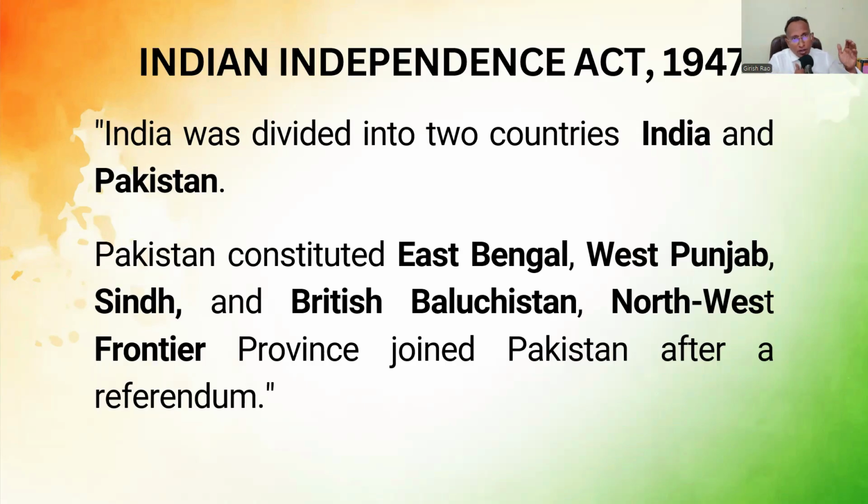Some part went into Pakistan, which was basically divided on a religious basis. Pakistan, with its Muslim majority, was constituted of East Bengal, West Punjab, Sindh, British Baluchistan, and the Northwest Frontier Province.